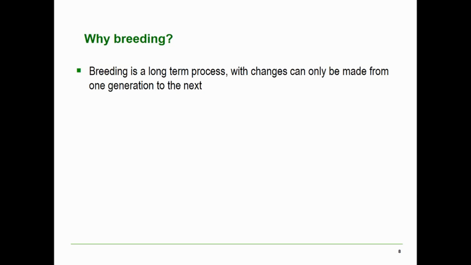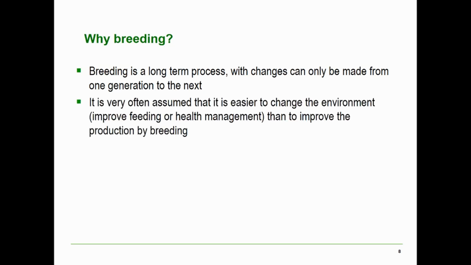Breeding is a long-term process with changes that can be made from one generation to the next, as is already established. The interesting thing about breeding is that it's permanent and the effects remain in the population.